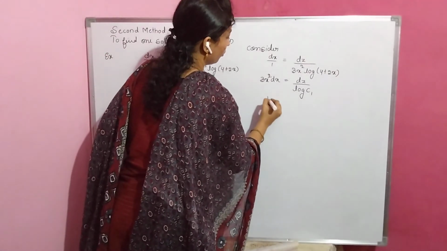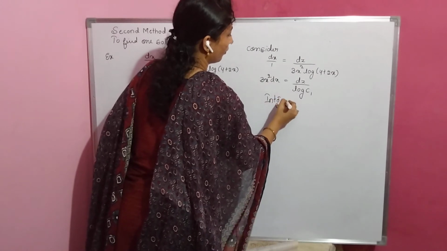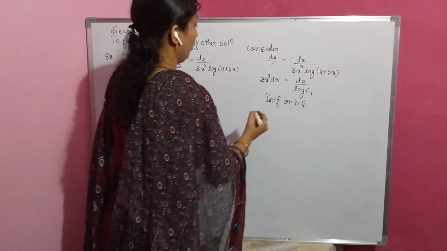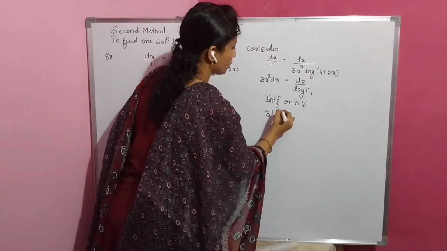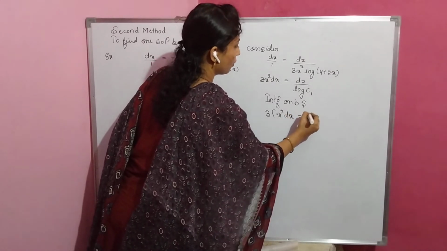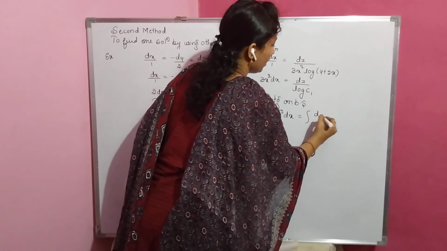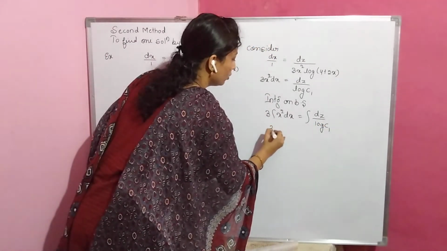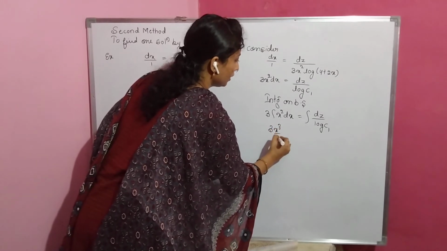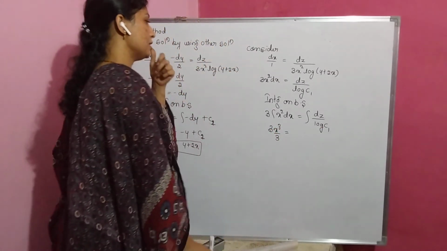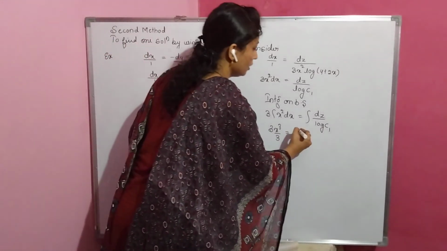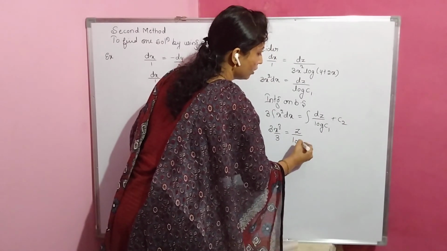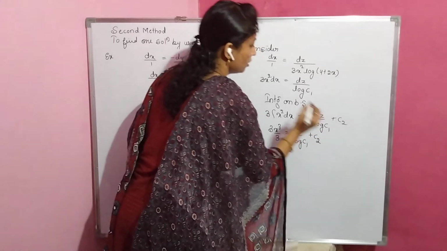Then integrating on both the sides, 3 into integration of x square with respect to x is equal to dz divided by log of c1. So here we have 3x cube divided by 3 is equal to, here log c1 is a constant term, so integration of 1 with respect to z is nothing but z divided by log of c1 plus integral constant c2.